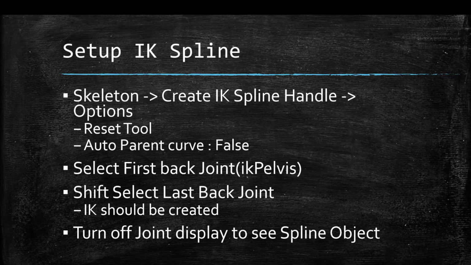All right, let's see how this is going. We're going to first create the IK spline handle. Then we're going to reset the tool. We're going to select the first back joint, that would be the pelvis, and then the last back joint, and we'll see that the spline spine gets created.